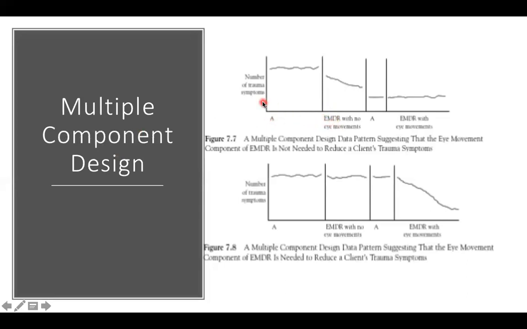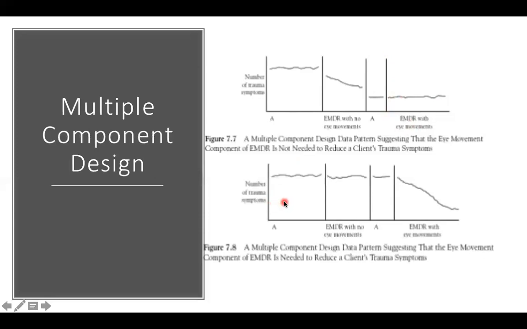So again, baseline phase, we apply the intervention, that's the EMDR, with no eye movement, and we get a decline, and then we go back to the baseline phase, and then we introduce again EMDR with eye movements this time, and we didn't get any effect. So it stays the same, both baseline and intervention phase are the same.